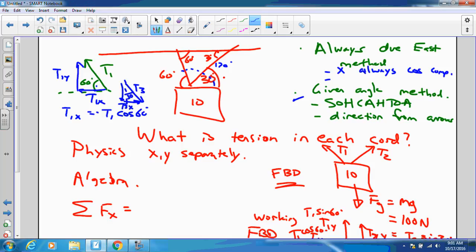And furthermore, when I put those angles into the unit circle, I will always add. And I will let the cosine and sine take care of the negative signs. This is the way a mathematician thinks about these problems. This is basically the way a physicist thinks about these problems, or an engineer. And I don't care which one you want to be, just pick a method, and for that problem, stick to it. Does that make sense?